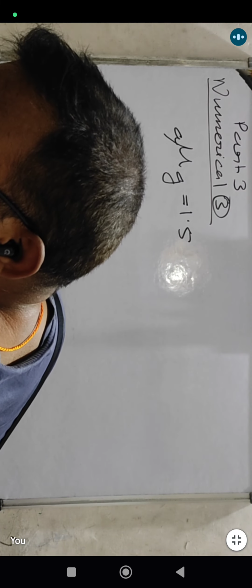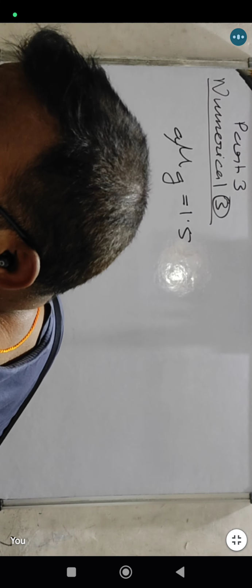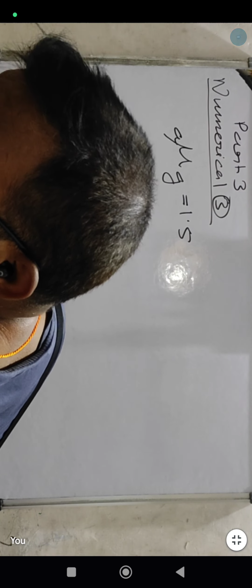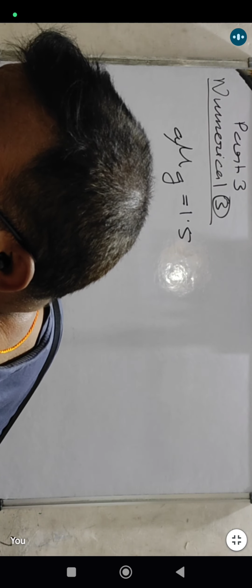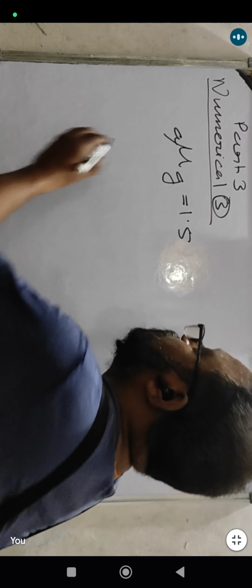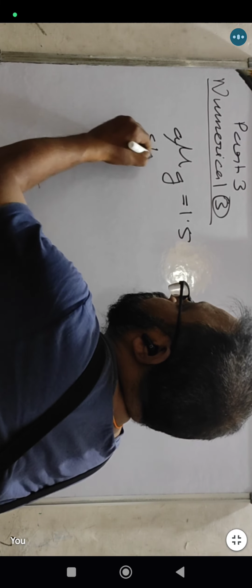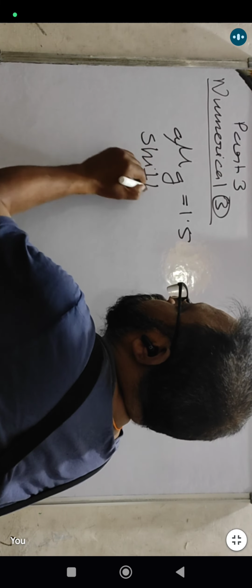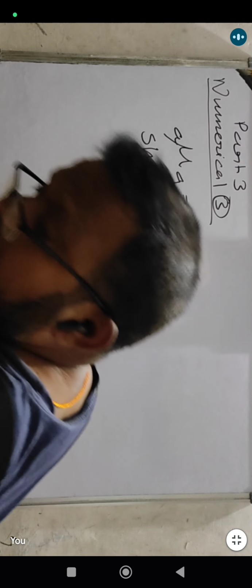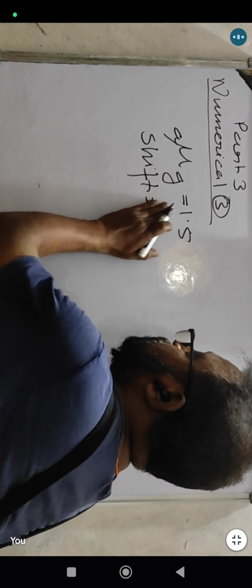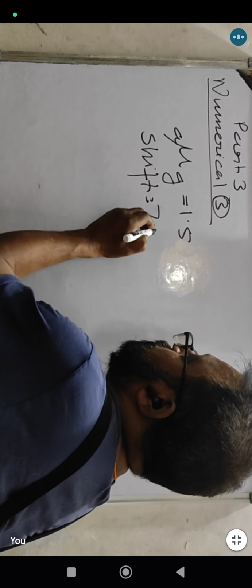Then, when viewed from vertically above, it appears to be raised 7 millimeter. So shift is 7 millimeter.